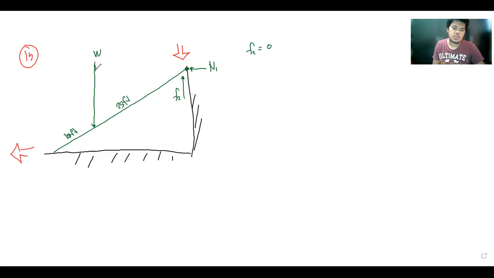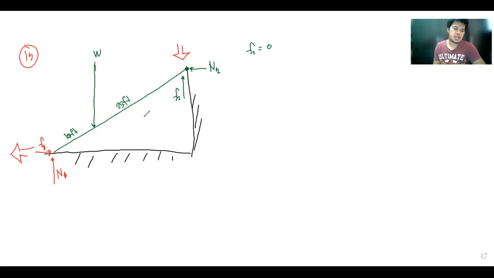But in the floor, we have the normal force, shall we say N2, and of course there is the friction force that exists, which is opposite to the impending motion, shall we say F1. So this would be F1 and N1, and we denote this one to be N2.